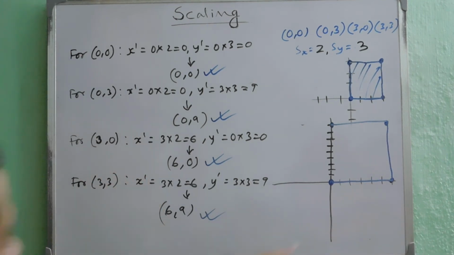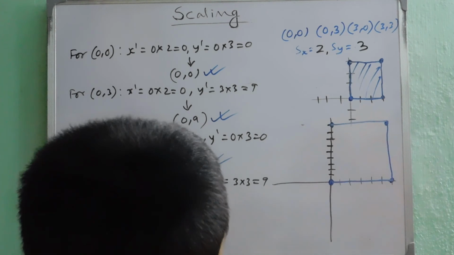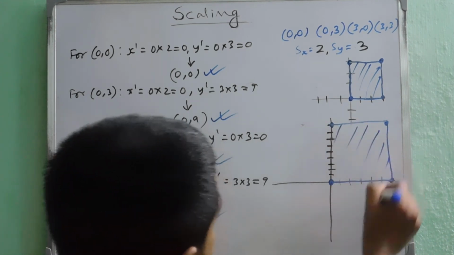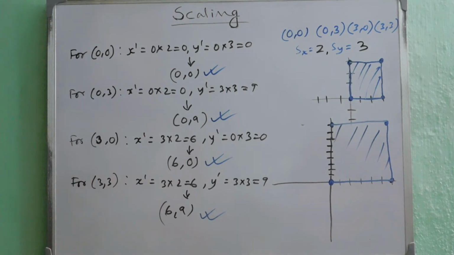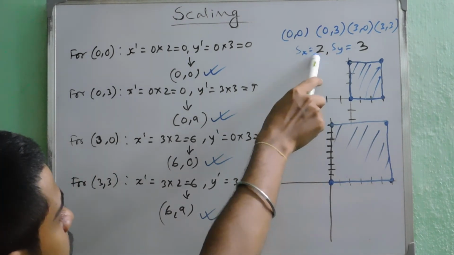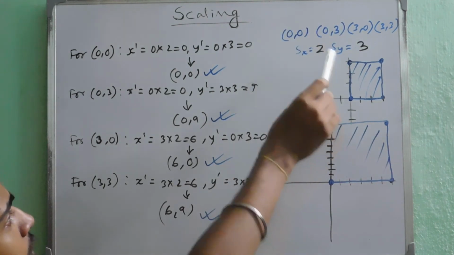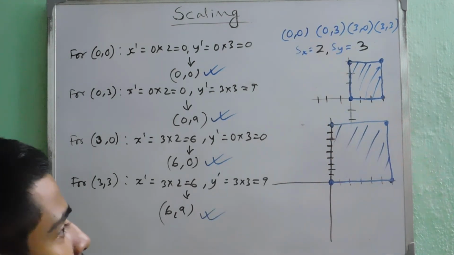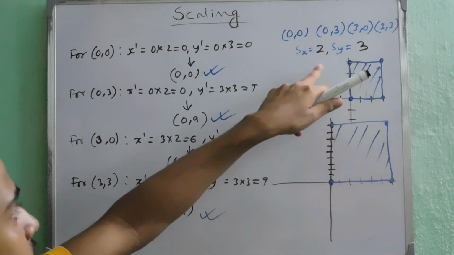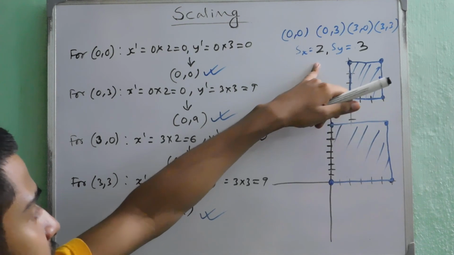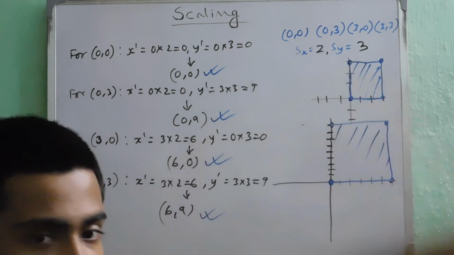So the shape has changed, and also, as you can see, the size has increased. Okay, so that was because the scaling parameters were both greater than 1 and also not equal. Since they are not equal, the shape has changed, and since they are greater than 1, the size has increased.